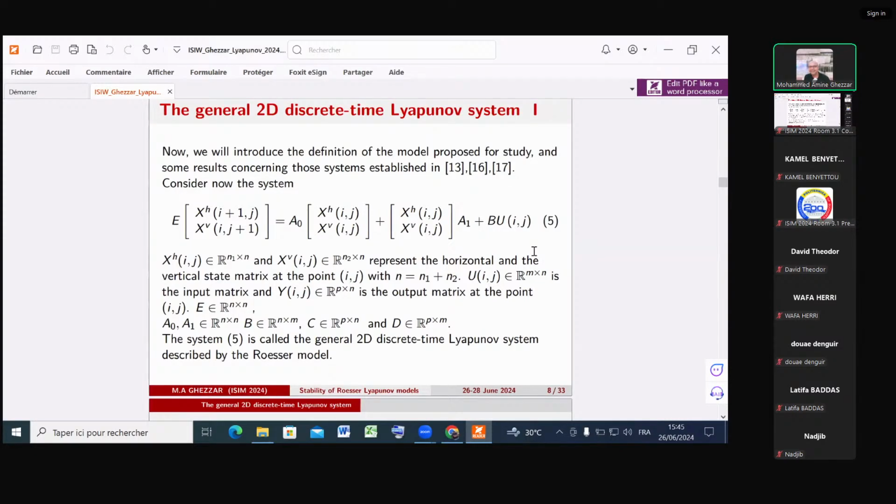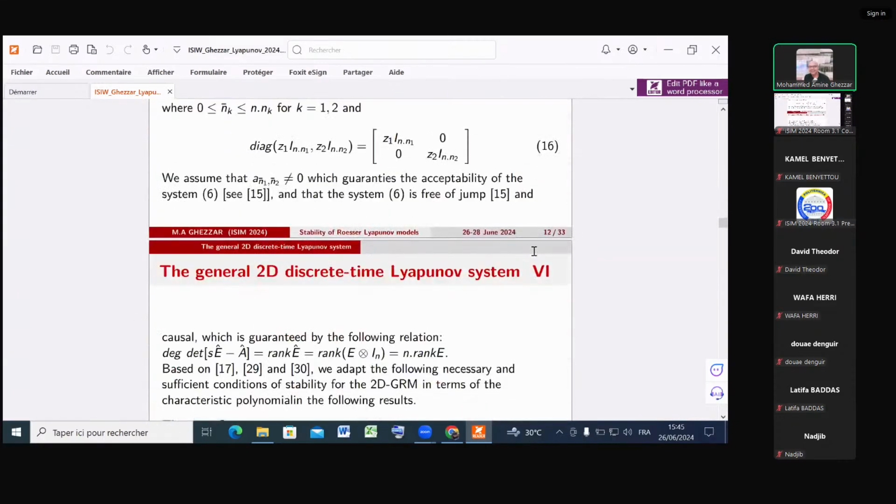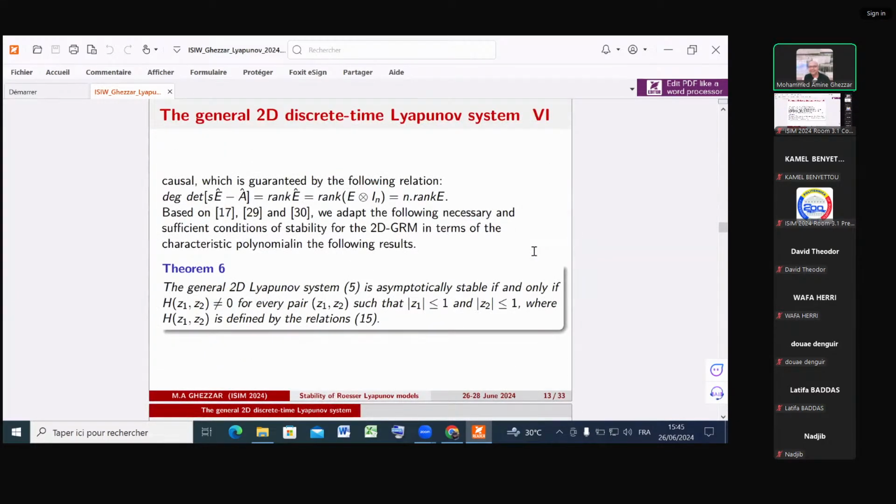We have to state that the solutions X1, X2, and X3 are positive definite matrices, and until now we can't state or give an LMI test for this system.